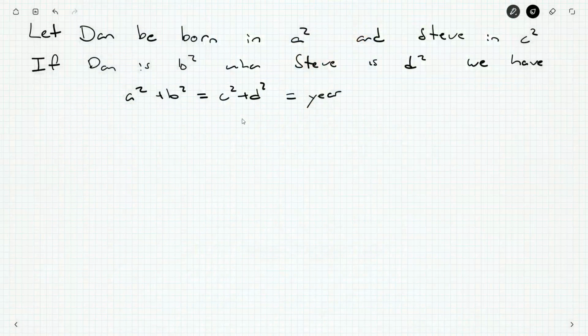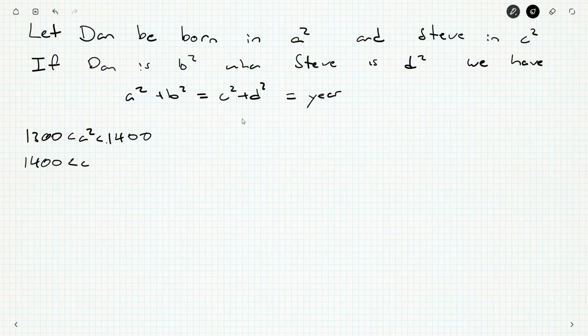So we know for a fact 1300 is less than or equal to A squared. It's kind of vague when they say between. So I'm going to say it's less than 1400. Actually, it's probably strictly less than for both of them, so C squared is less than 1500. The endpoints are not included.